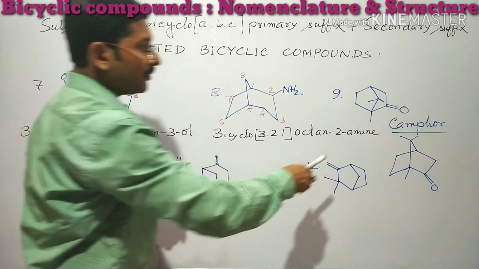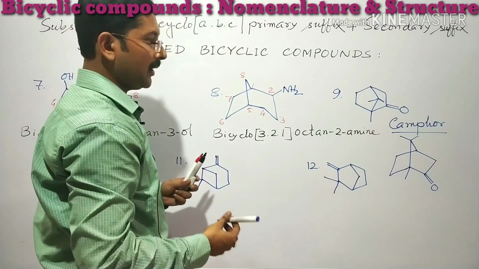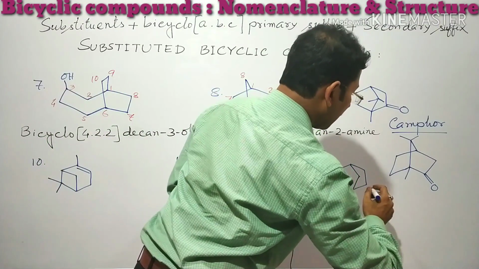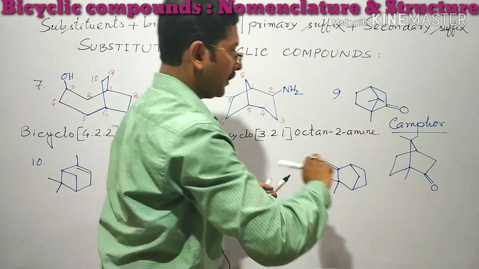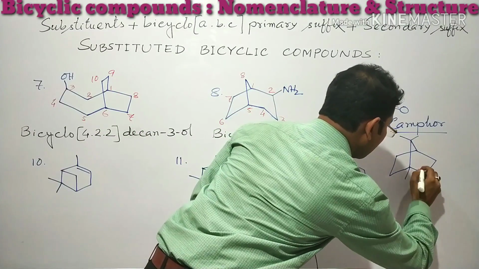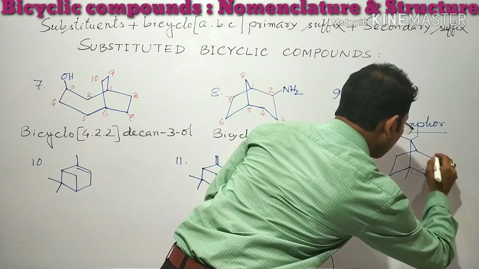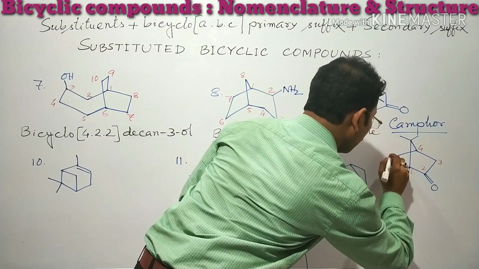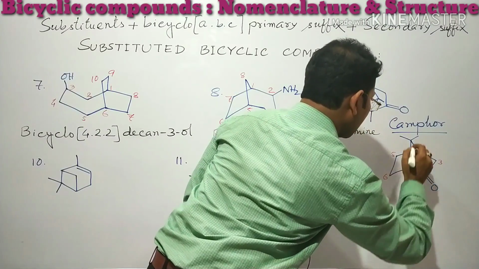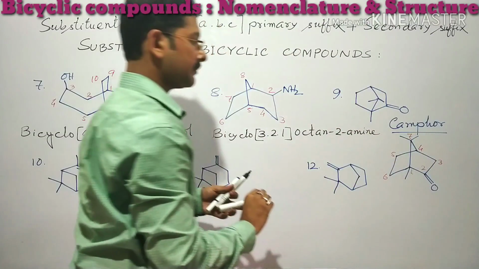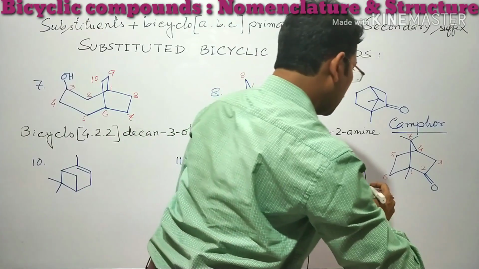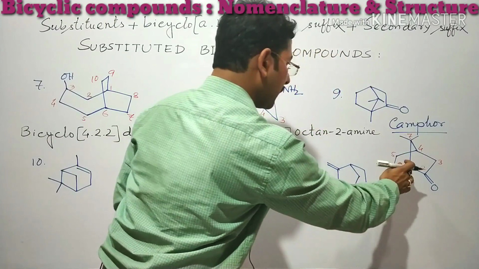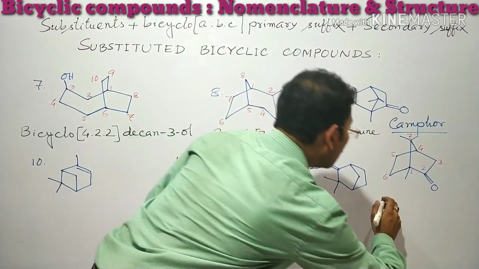So this one, the name of the compound, numbering starts from here. This is 1, this is 2, this is 3, 4, 5, 6, and this is your 7. So the name of the compound is 3 substitutions are there, 1 and 7, 7.